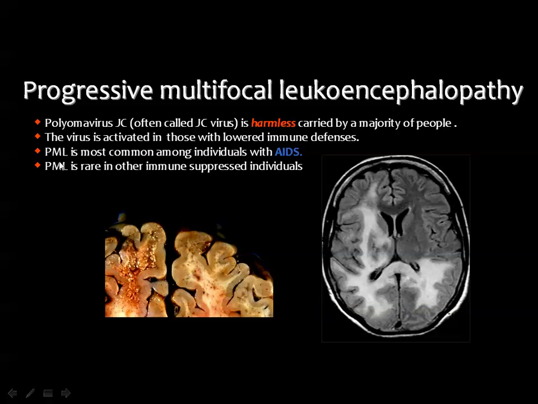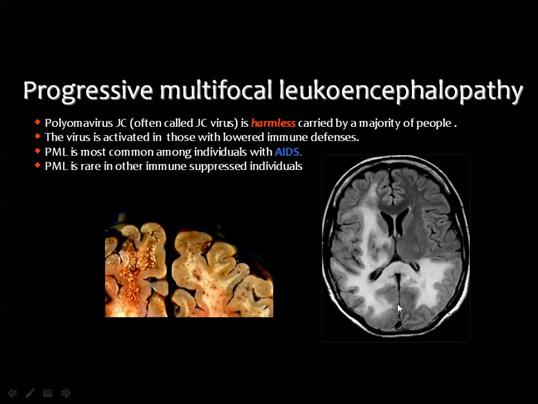And PML is most common among individuals with AIDS, and PML is rare in other immune suppressed individuals. It's one of the characteristic lesions that can be seen in AIDS patients. From its name, progressive means rapidly advancing, multifocal, too many lesions, leukoencephalopathy, abnormalities in the white matter.